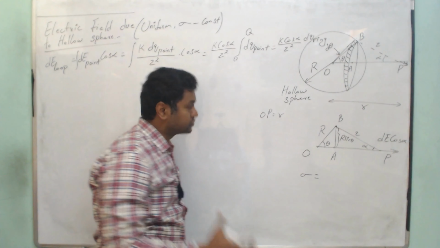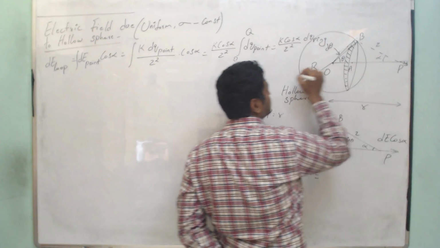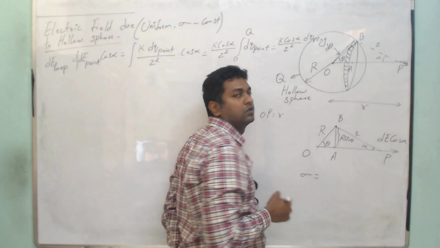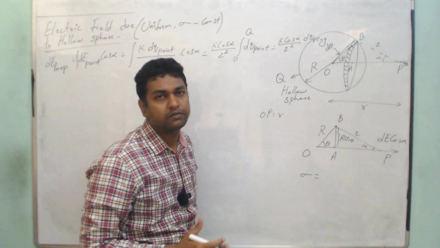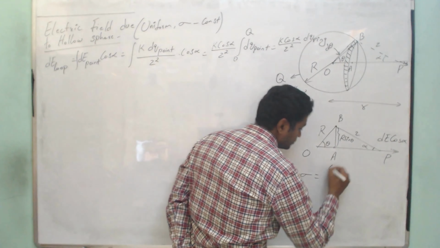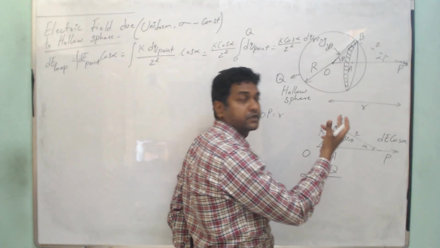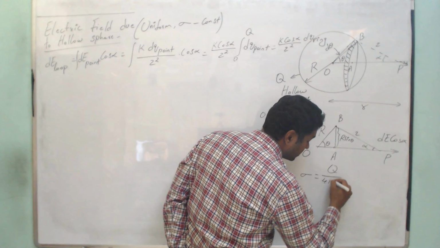So let the total charge on this hollow sphere be capital Q. Then my sigma can be written as total charge divided by the total surface area of the hollow sphere, 4 pi r square.